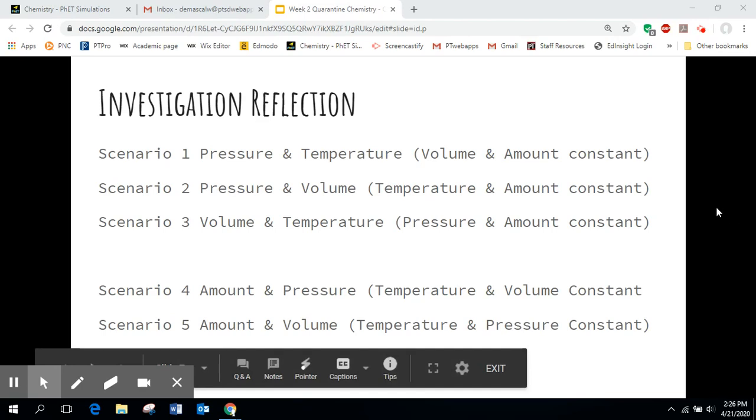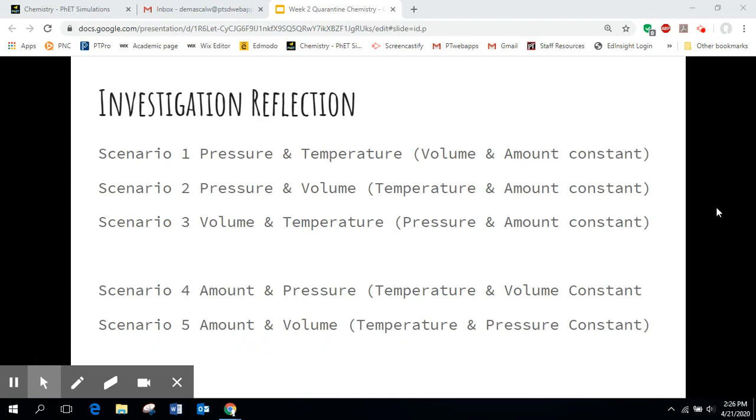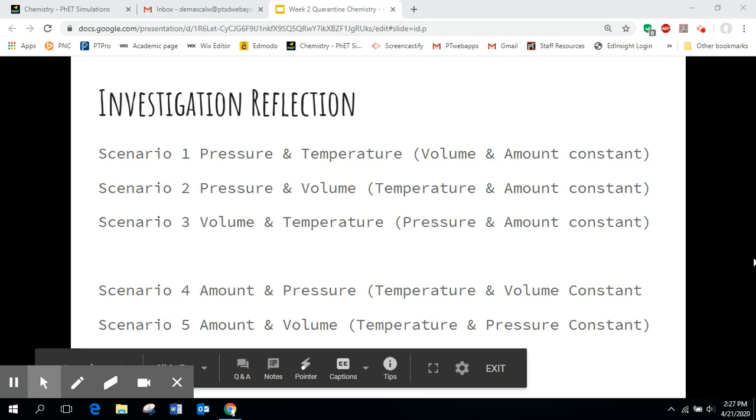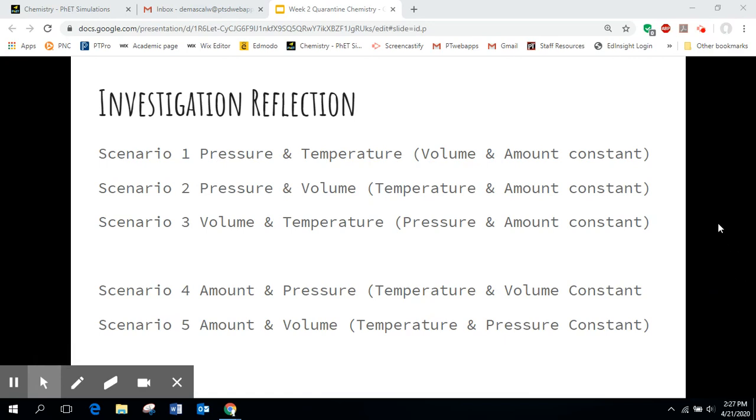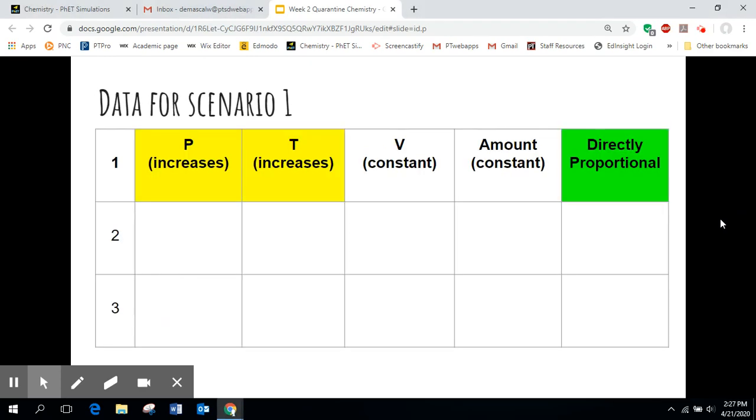Temperature and volume are constant, we change the amount and see how the pressure changes. And the amount and volume, when temperature and pressure are constant, how does volume change as we pump in more gas? So we'll take a look at those here with the simulation.